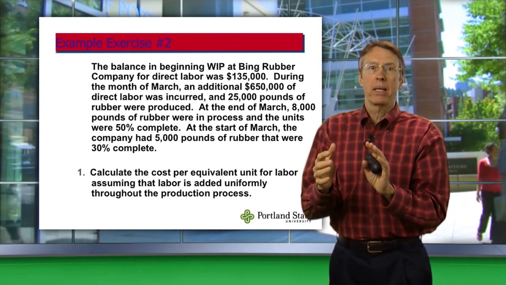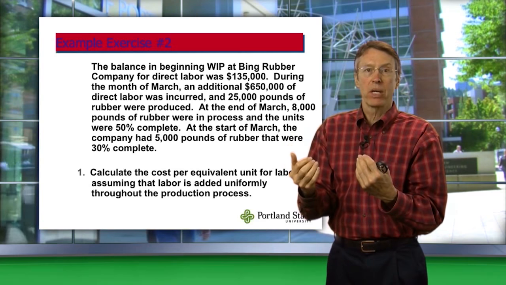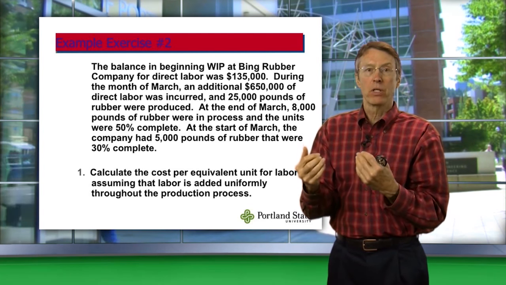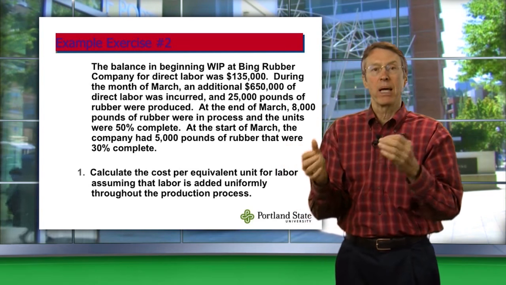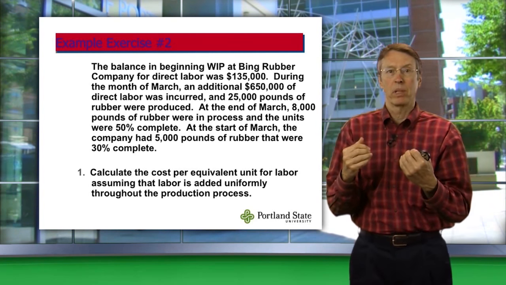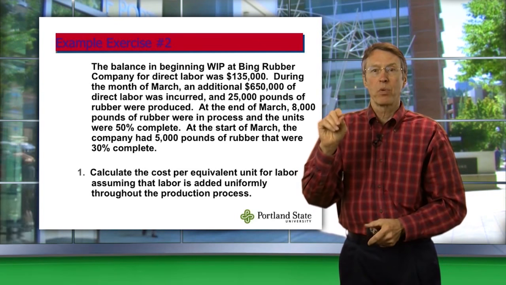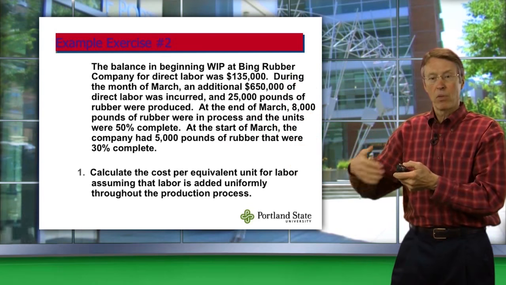At the end of March, we have rubber in process, and the units were 50% complete. At the start of March, the company had 5,000 pounds of rubber that were 30% complete. So calculate the cost per equivalent unit for labor, assuming that we add labor through the process.